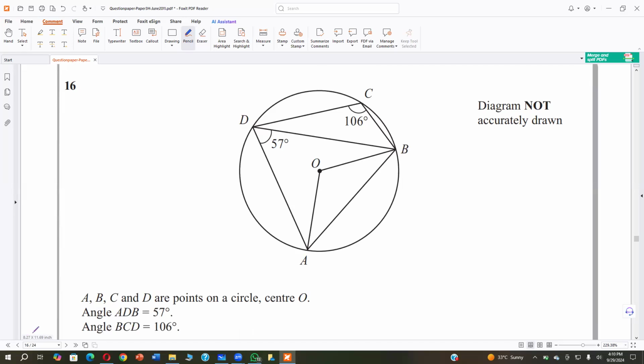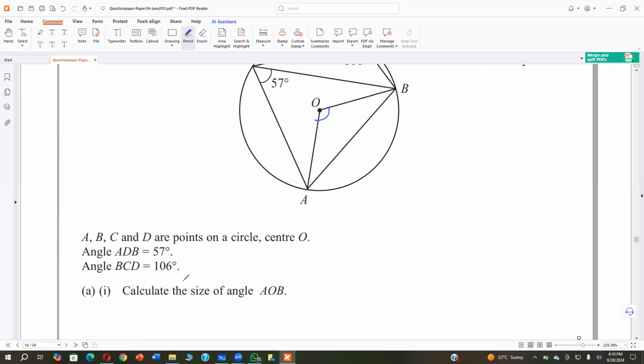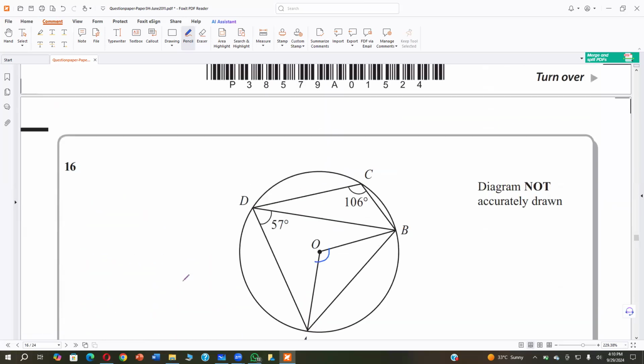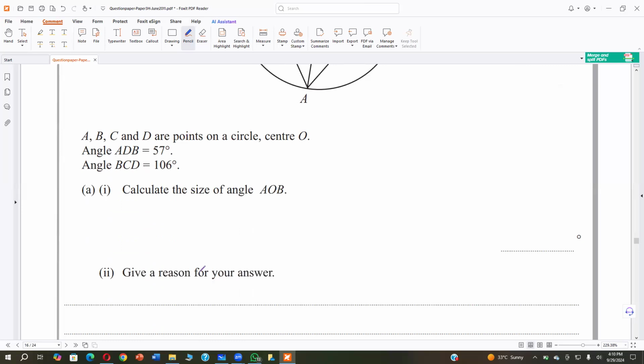This is the angle here. Now, what are the properties of a circle? O is the angle at the center. So I was thinking to use the property that the angle at the center is twice the angle at the circumference. So AOB will be 57 into 2.